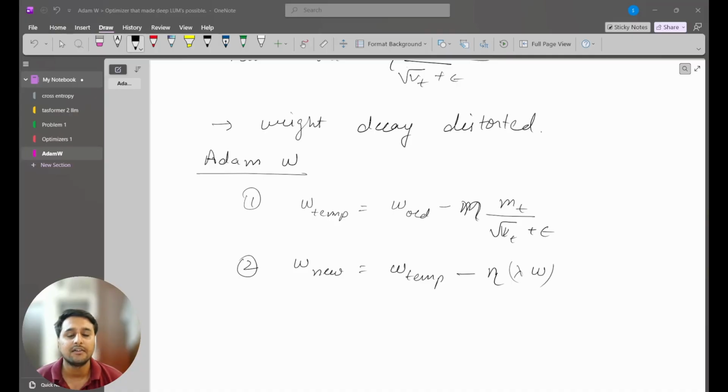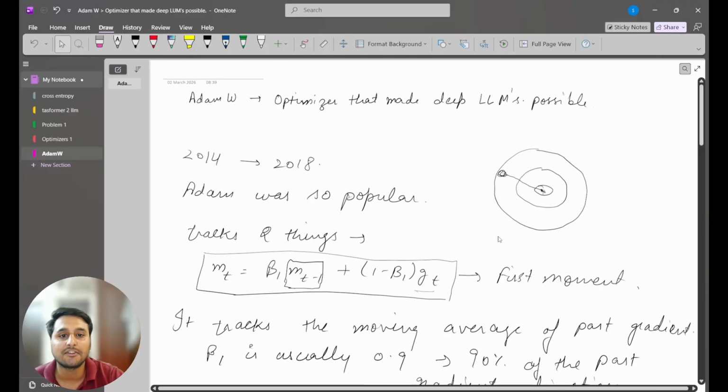So AdamW had a huge impact, and most modern foundation models use AdamW. After 2017, when AdamW was introduced by the University of Tokyo, almost every model started using this AdamW optimizer. With it, we were able to train our deep transformer models.